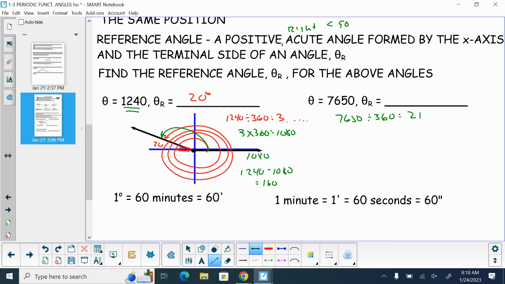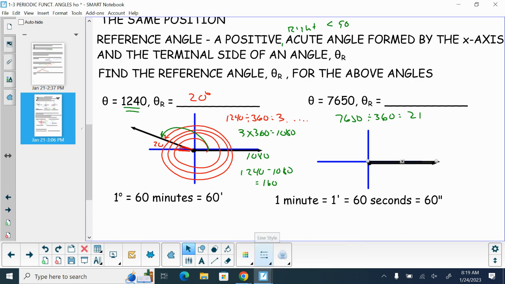Okay, so if I look at my axes, if I have 7650, I'm going to spin around 21 times. 3, 4, 5, 6, 7. And I'm back there again.